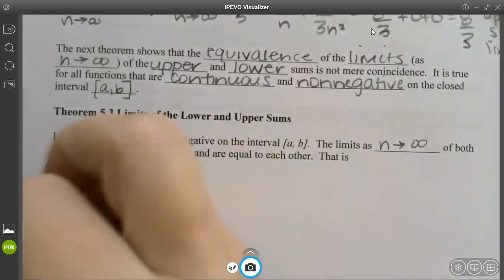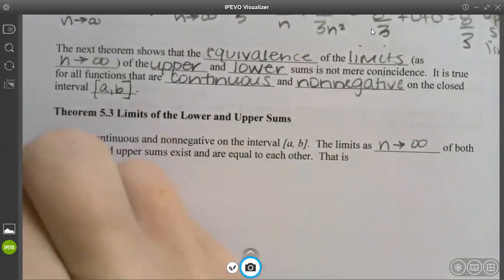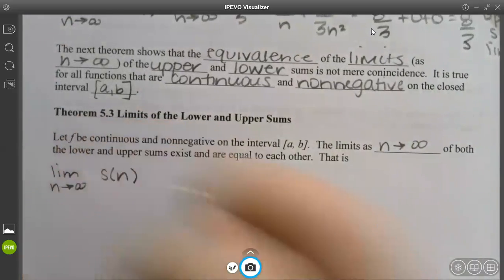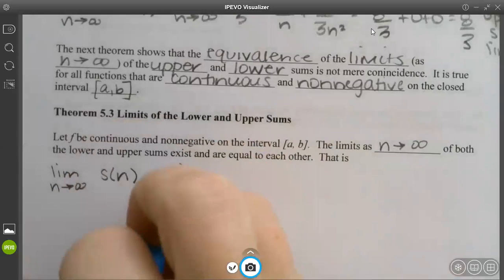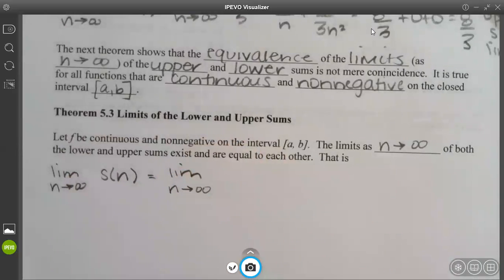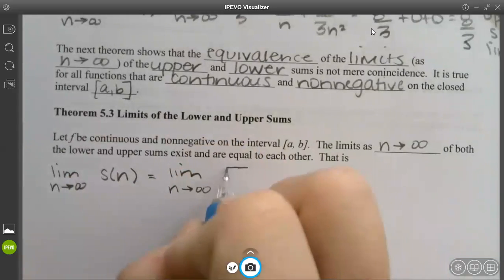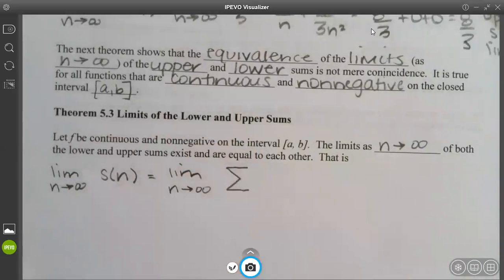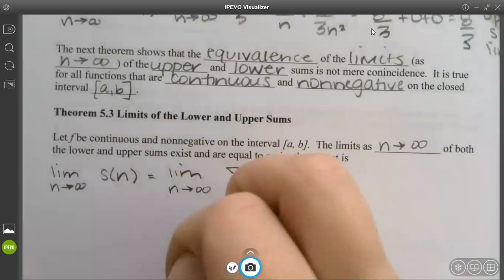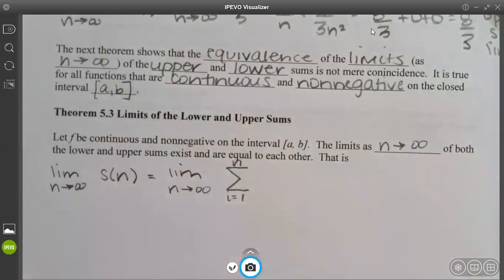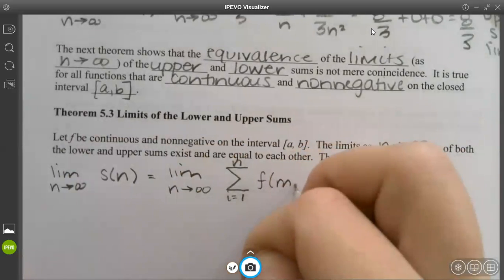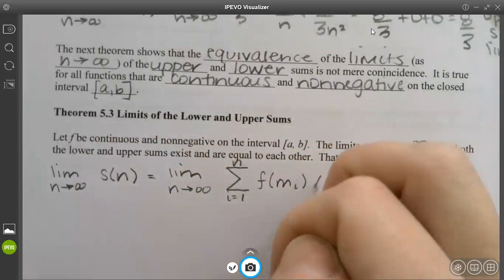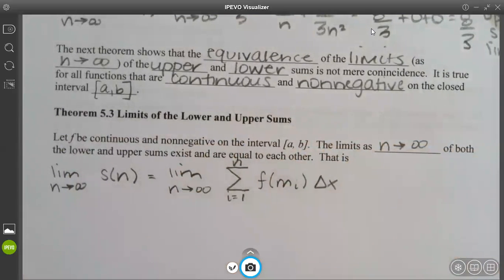That is, the limit as n approaches infinity of the lower sum equals the limit as n approaches infinity of the summation from 1 to n of your minimum function times delta x. That's what we did yesterday.